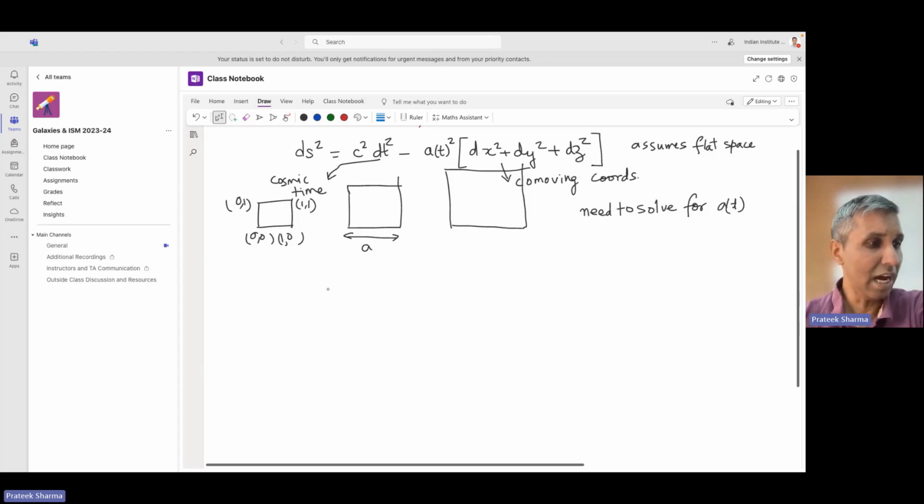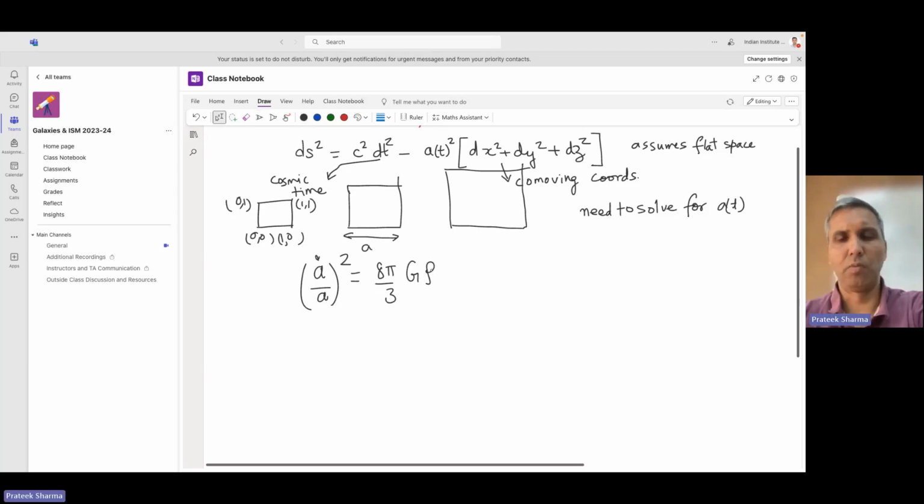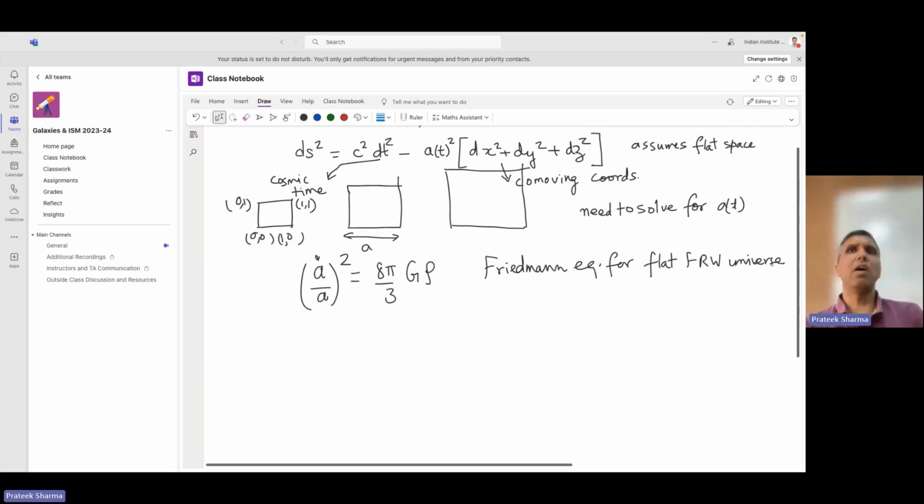The equation for that is given by this: (a dot by a) whole squared is equal to 8 pi by 3 G times rho. This is one of the Friedmann equations for a flat FRW universe. This is how a changes with time.